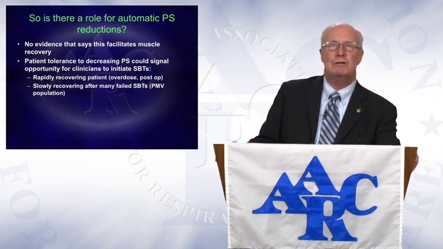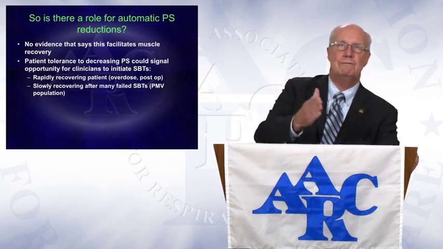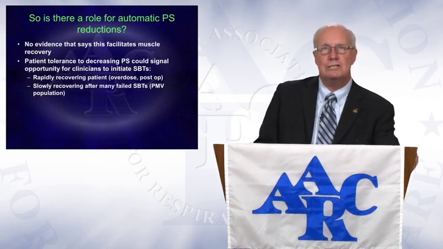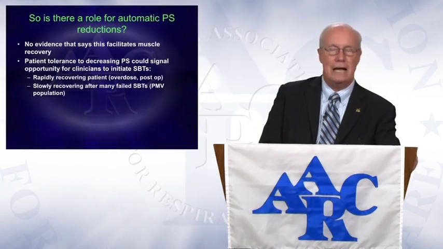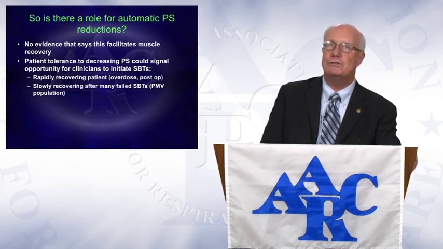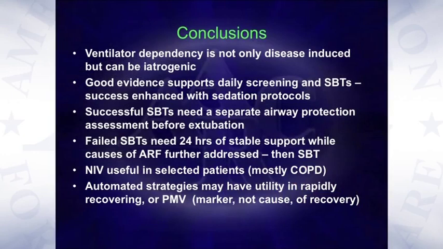And there are various algorithms out there, reduce the ventilatory support by 30%, 40%, 50% before restarting spontaneous breathing trials. And these automated systems may actually help us in that regard. So a couple of places where maybe an automated system could play a role. But again, I'll come back to the routine ICU patients, those 96 or 94% who come off in 3 spontaneous breathing trials or less. I'm not convinced that these algorithms offer much benefit.